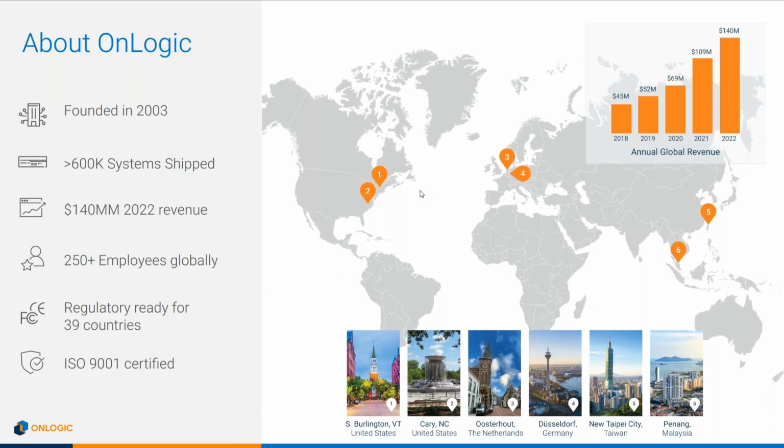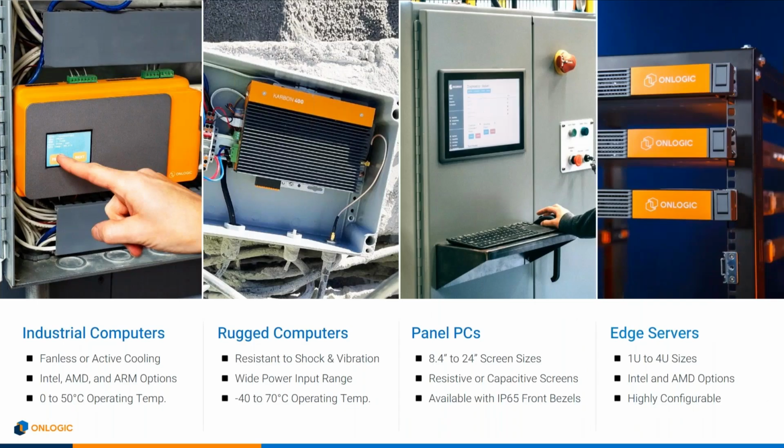Now, the computers that we deal with fall into a number of different categories. And the reason why I bring this up is because anytime that I'm going to be discussing our computers in this webinar, I'm going to be talking about our fanless computers in our industrial and rugged lines.